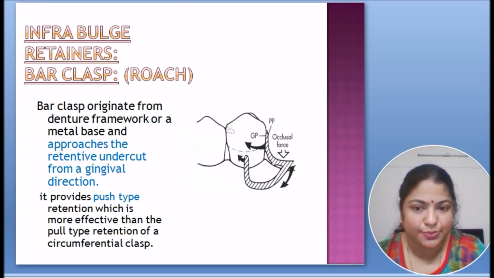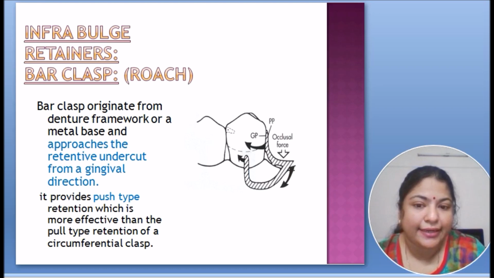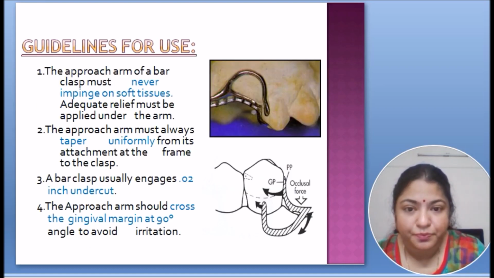So these clasps originate from the infrabulge area. They originate from the denture framework or the metal base and approach the retentive undercut from a gingival direction. Therefore it provides a push type of retention, which is more effective than the pull type of retention provided by the circumferential or occlusally approaching clasps.